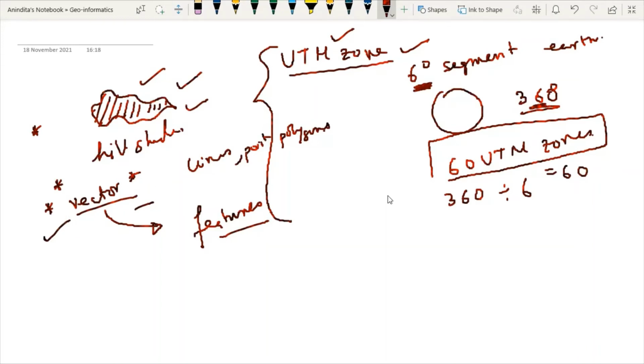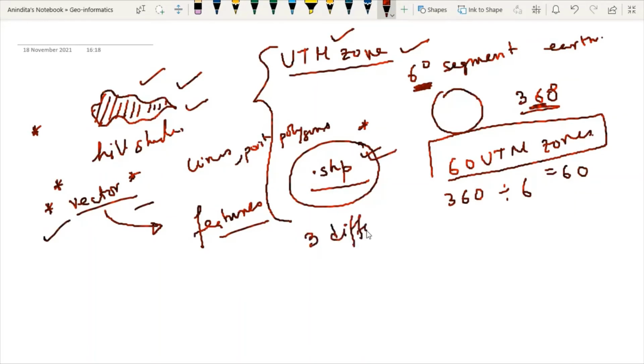Now come to the point. Whenever we use the .shp file format, we are actually talking about vector data. Mostly vector data are presented in terms of shapefiles. But you have to understand one more point here. In order to use a shapefile, you need to have three different kinds of files in your working folder.